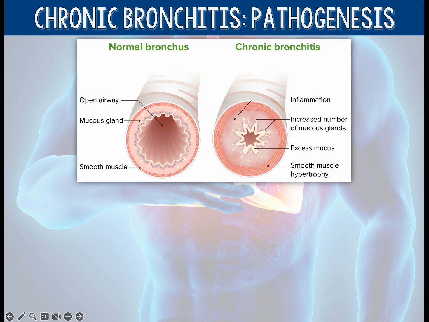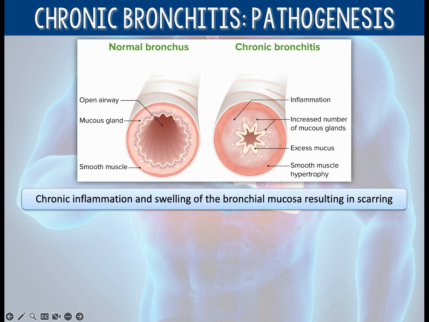But then what happens when that acute bronchitis lasts a long time, like 6 months or more, and it becomes chronic? It becomes chronic bronchitis. So now you have chronic inflammation and swelling of the bronchial mucosa, resulting in scarring.